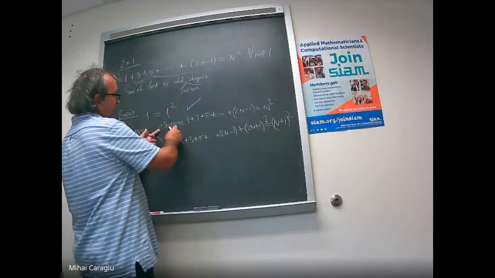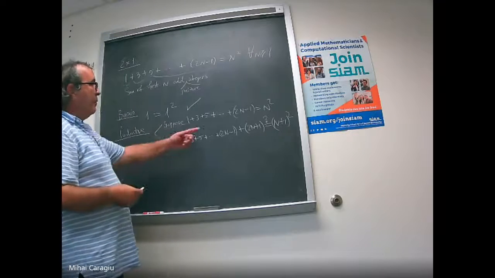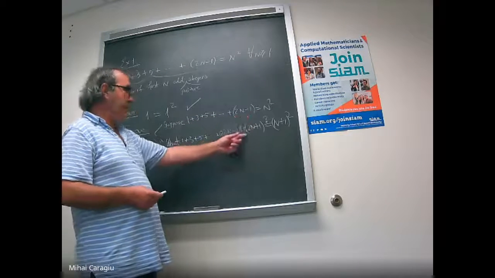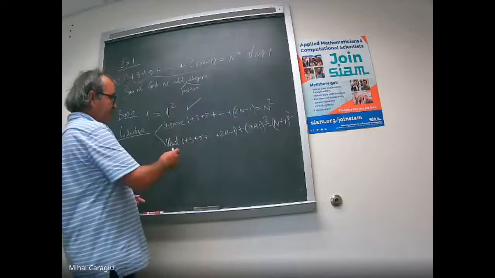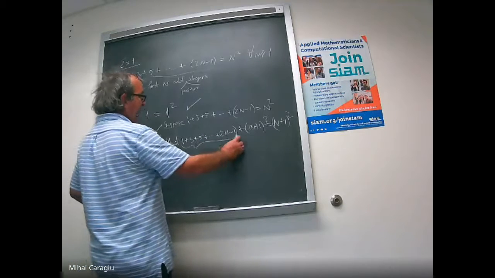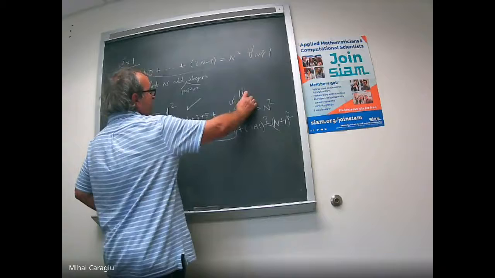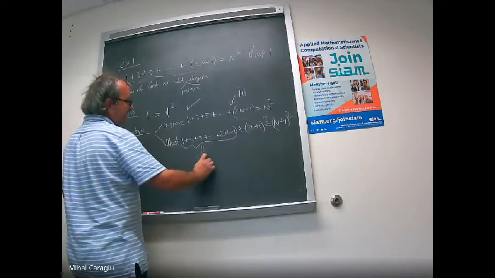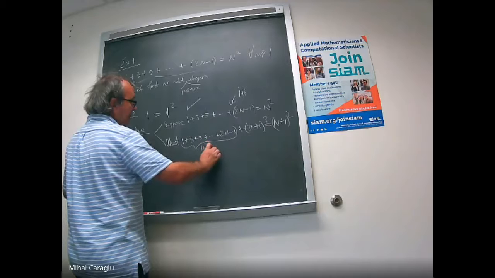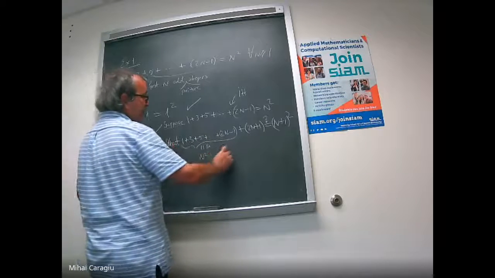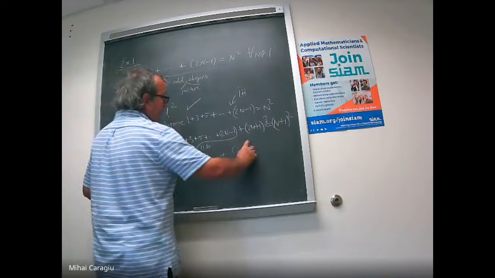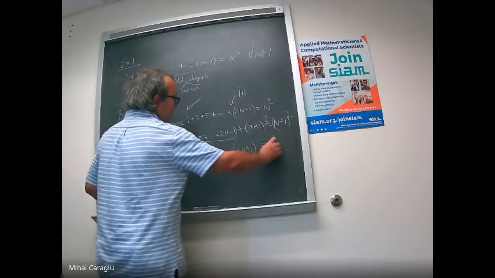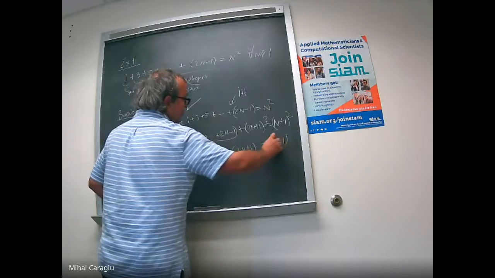Well, we suppose 1 plus 3 plus 5 all the way through 2n minus 1 is n squared for a reason, so we'll use it later. So by the inductive hypothesis, what we suppose, this will be n squared. So this is n squared plus 2n plus 1 equals n plus 1 squared.